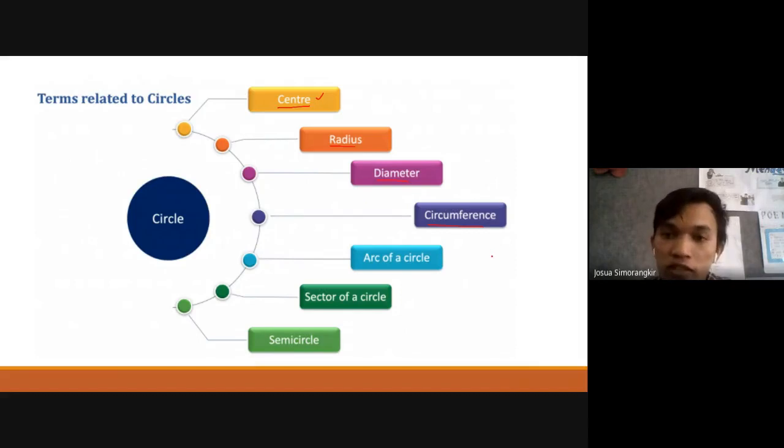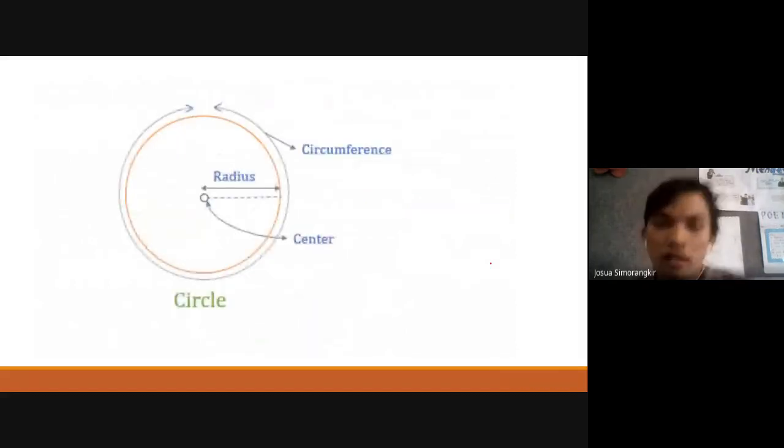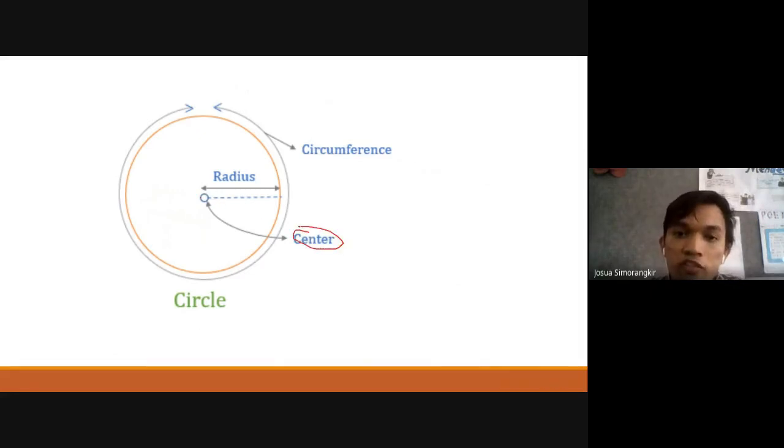So first, let me introduce you to the properties of a circle here, a simple circle, as we have discussed in the beginning. As we know, this is the center of the circle. Circumference is the form, like what I said in the beginning, the collection of points.